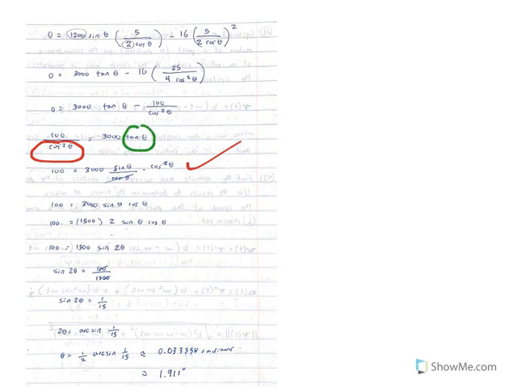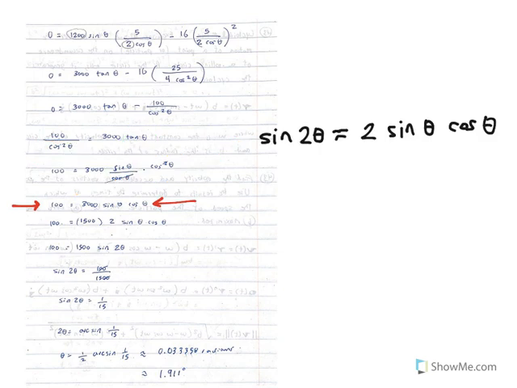I rewrote tangent theta as sine theta over cosine theta so that I can simplify by canceling the cosine theta in the denominator with one factor from cosine squared theta. That leaves me with 100 is equal to 3000 times sine theta times cosine theta.